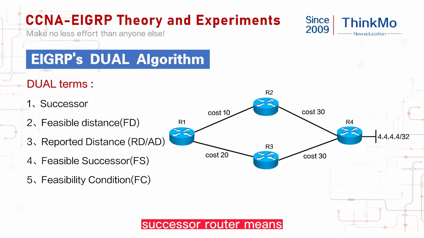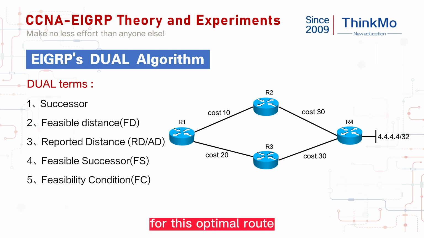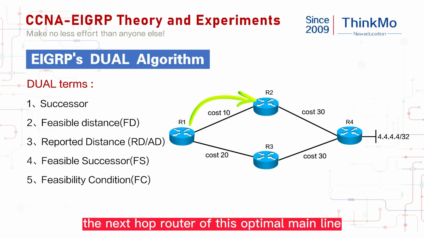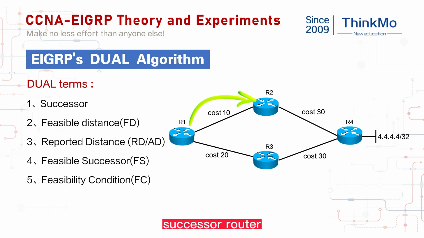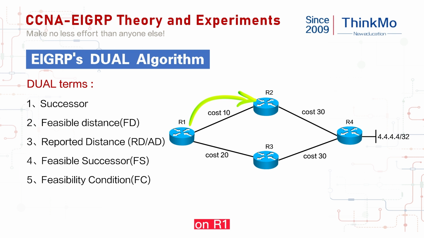Successor router means, if the current main line is the above line, then take R1 as an example. R1 goes to 4.4.4.4 and takes the above route. For this optimal route, the next hop router of this optimal main line is the successor router. If R1 is going to 4.4.4.4 and gives traffic to R2, R2 is the successor router to the route entry 4.4.4.4 on R1.